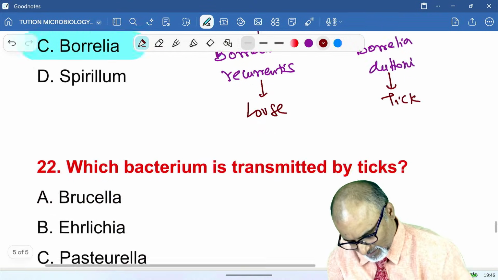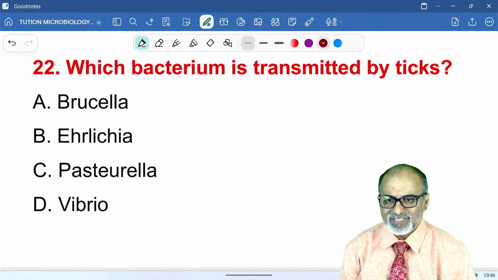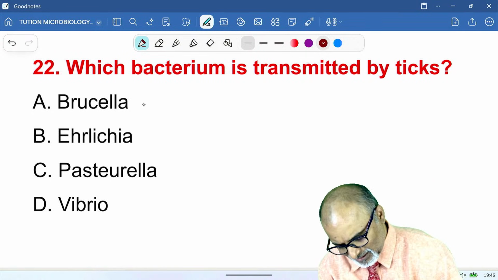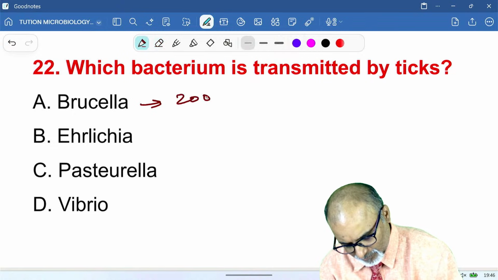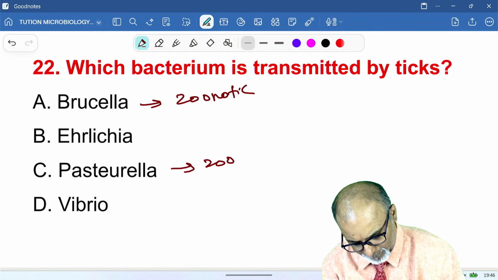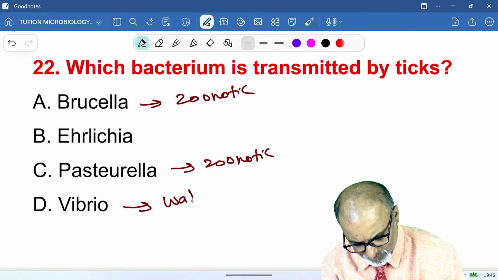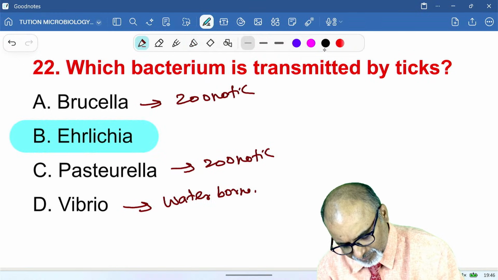Next is which bacterium is transmitted by ticks? You know the list. Brucella is a zoonotic disease. Pasteurella zoonotic. Vibrio waterborne. Ehrlichia vector is tick.